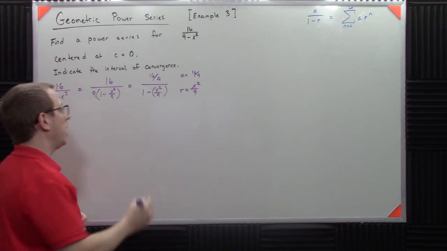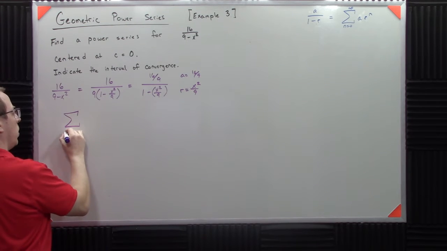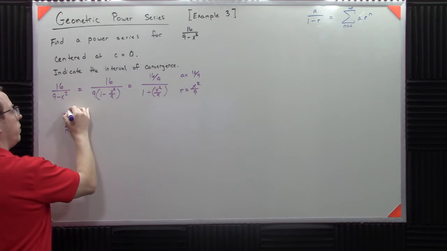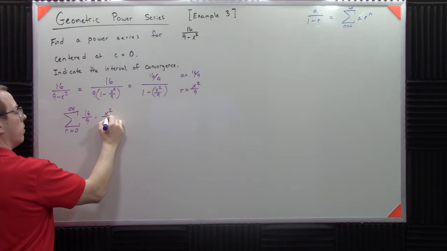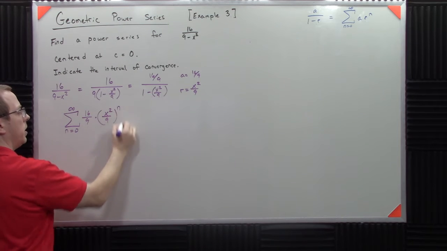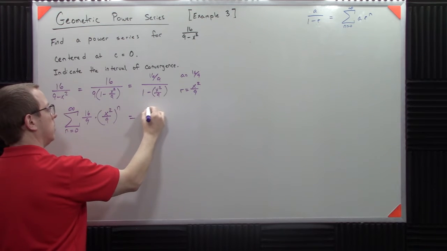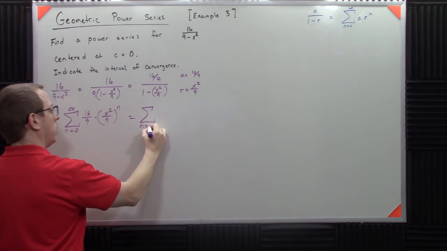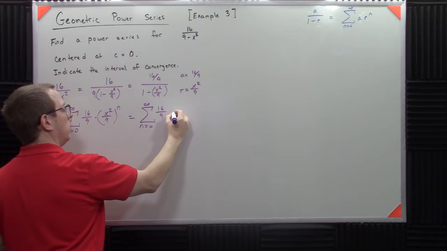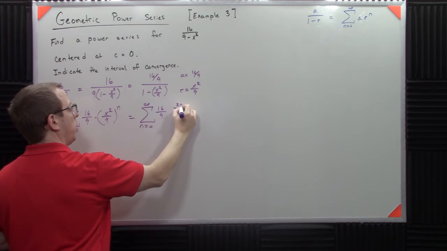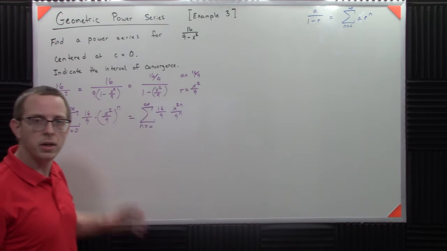So then we write that as the power series from n equals 0 to infinity of 16 over 9 times x squared over 9 to the n, which you might want to write instead as the sum from n equals 0 to infinity of 16 over 9, x to the 2n over 9 to the n. Either one of those is fine, not a problem.